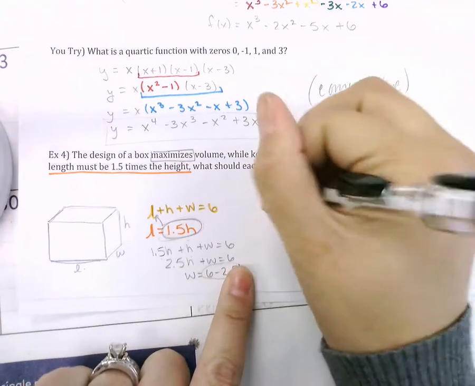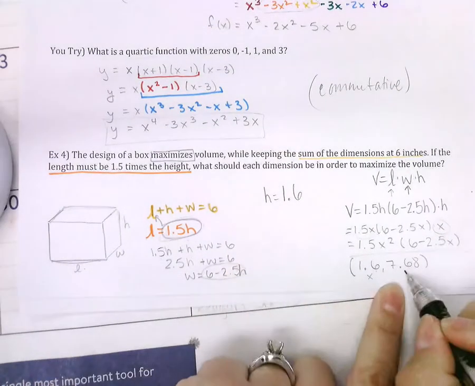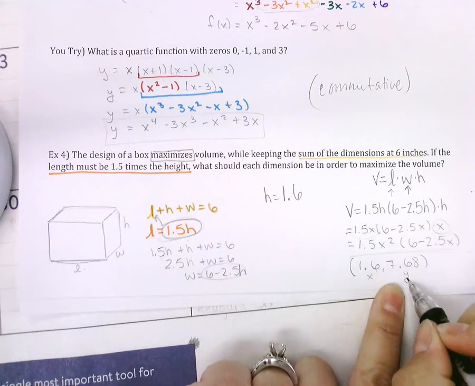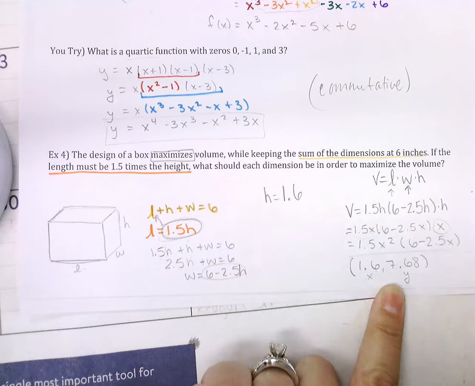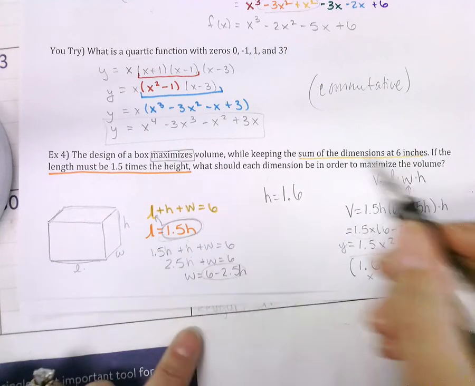So the height is 1.6. Now, what is this? This would be Y. What is Y in our question? Volume. So that would be the maximum volume. Now, does it want the volume? No, it wants each dimension.